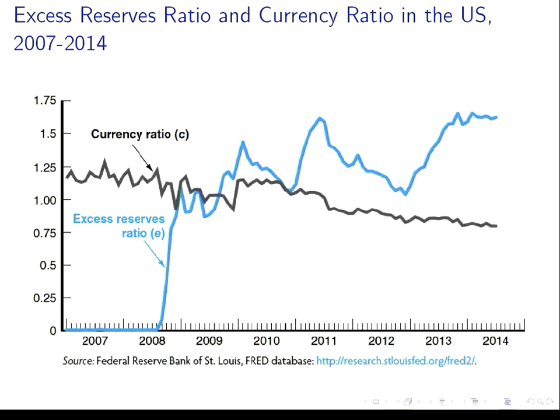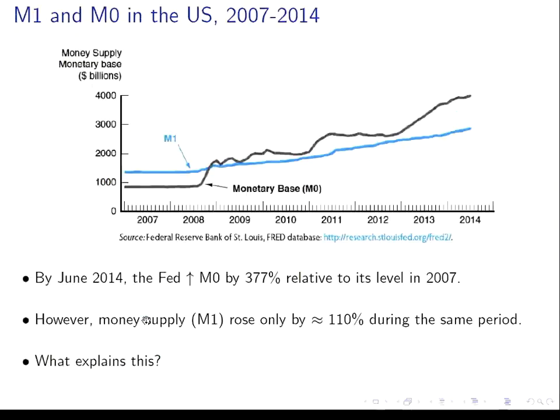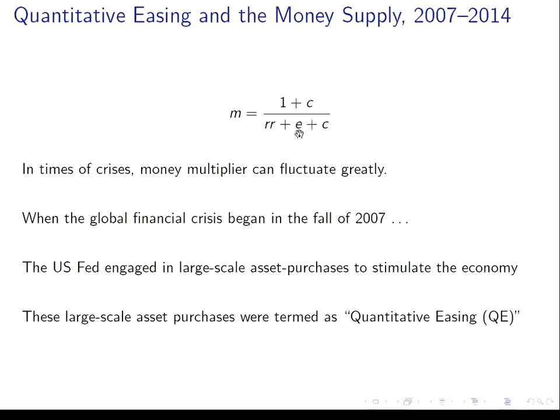And you can see it was practically zero before the financial crisis. Banks were not holding excess reserves. And then suddenly, together with quantitative easing, you have an explosion in the excess reserves ratio. And you can see here that if E becomes really large, the money multiplier would become really small, because E comes here in the denominator.